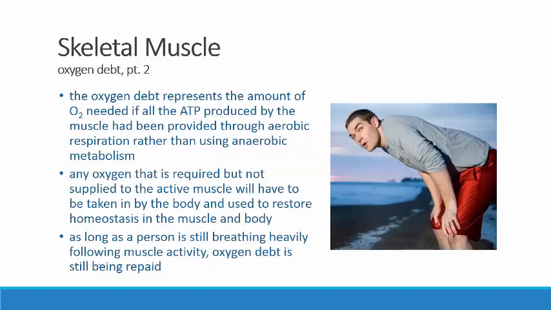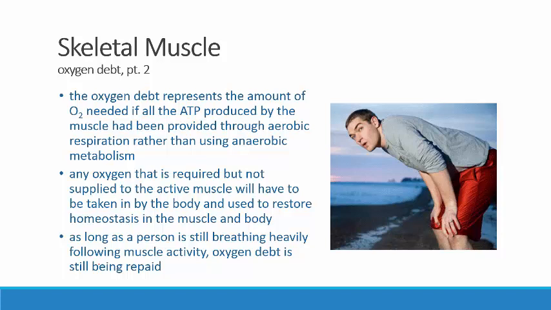So that oxygen debt represents the amount of oxygen that would have been needed if all the ATP that had been produced in the muscle had been provided through aerobic respiration rather than the anaerobic respiration that occurred. This oxygen has to be taken in and then used to restore homeostasis.